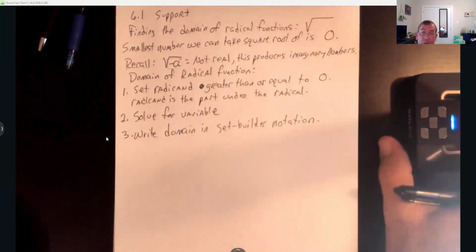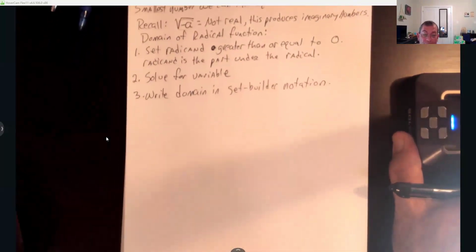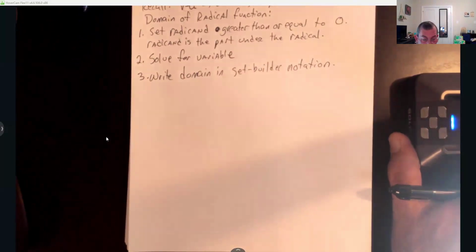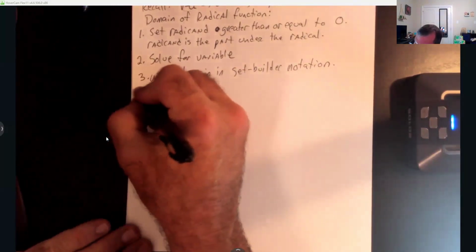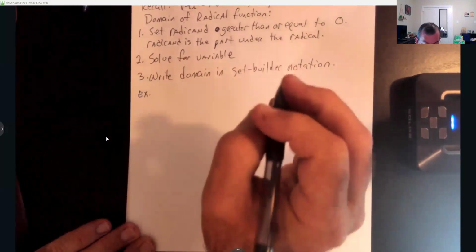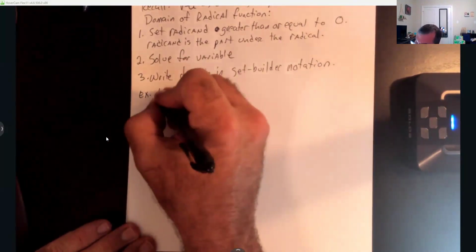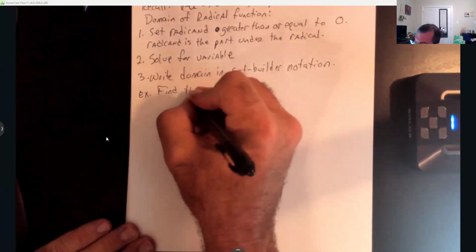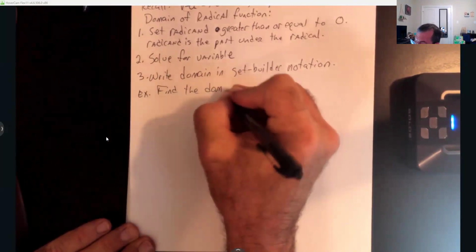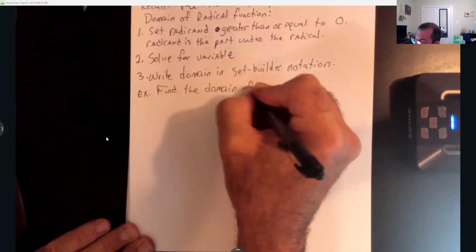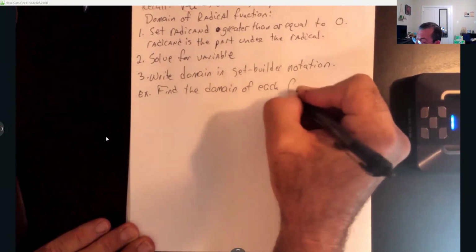And y'all really only had 3, so let's knock them out. So for exercise 1, actually all of these, we're going to find the domain of each function.